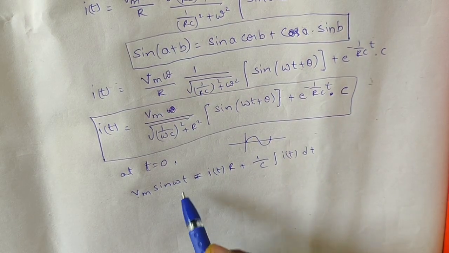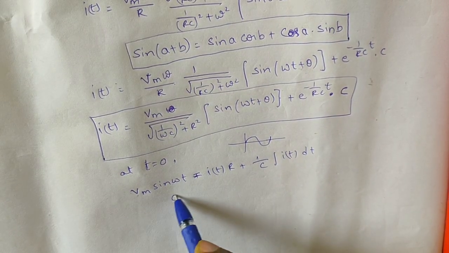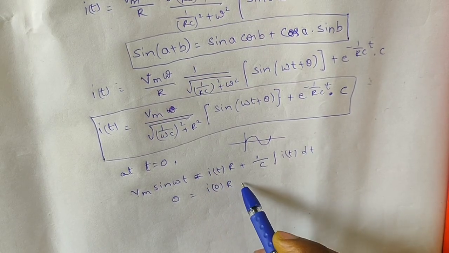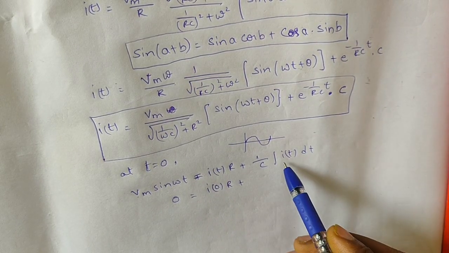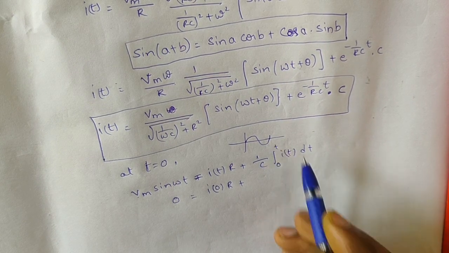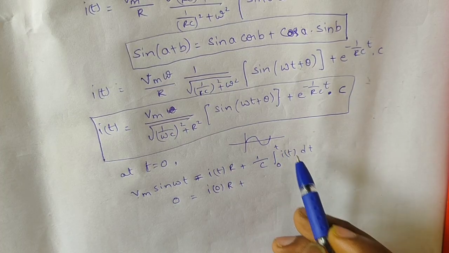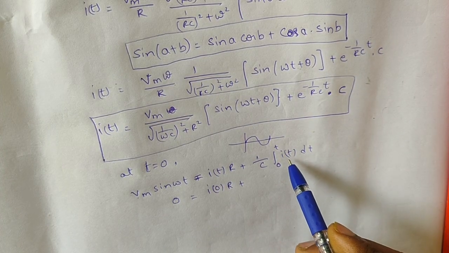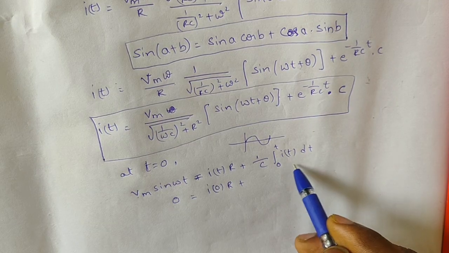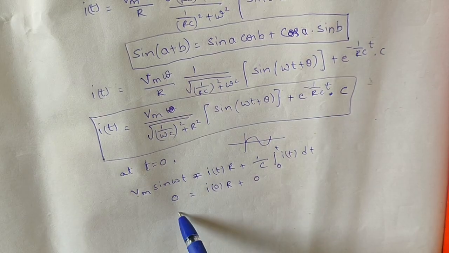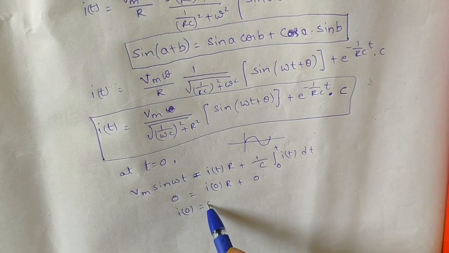In this, at t equal to 0, sin t will be 0, and I of 0 into R plus, at the limits 0 to t, the current value for sine at the instant 0 will be 0. So at I of 0, the current is also 0.